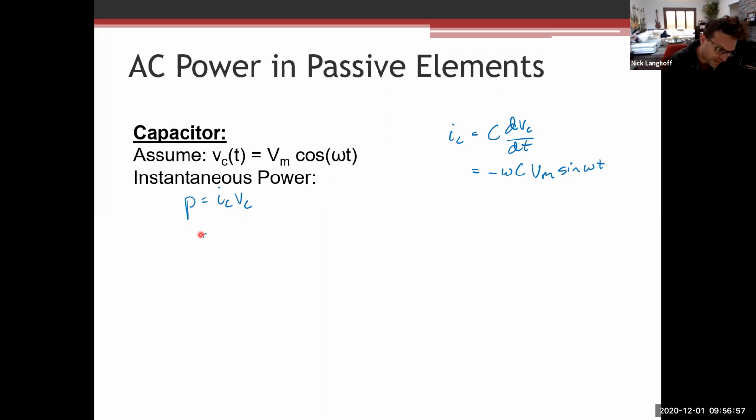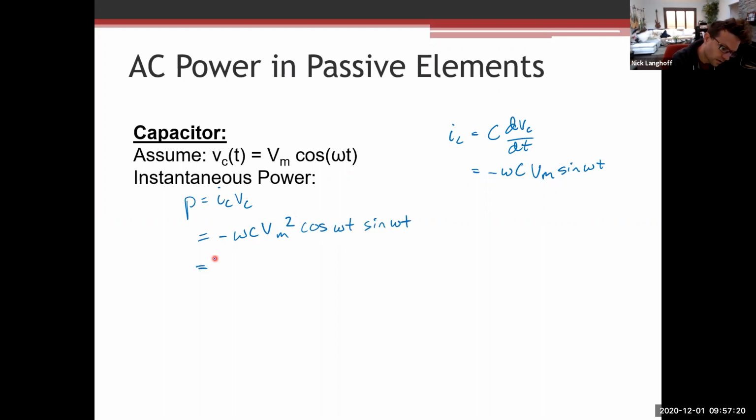All right, so if we plug that in here, we would again get minus omega C times Vmax squared times cosine omega t sine omega t.